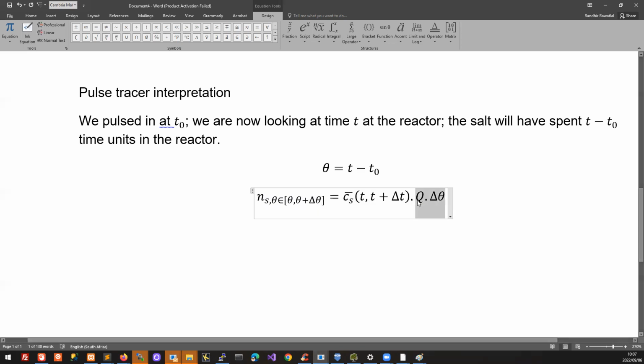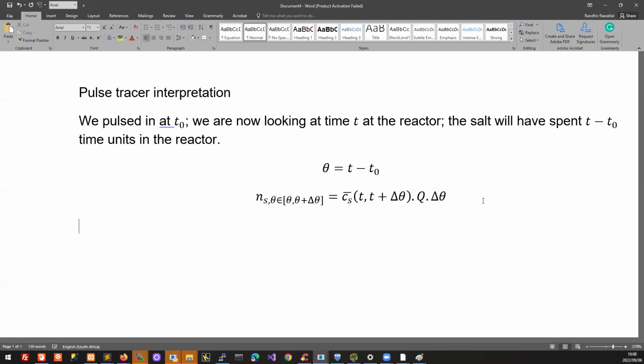That volume times the average concentration that we measure over that time span, and we should make this a delta theta as well. Sorry, delta theta. So that concentration times that volume is the number of moles in that range.